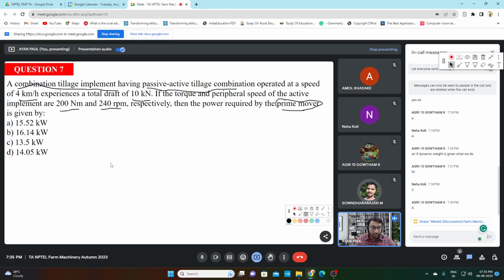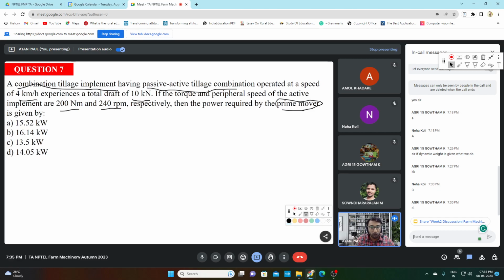Power equals to force into V, okay? But that is for linear motion. But when we have active tillage implement, it is also rotating. So for that active tillage implement, it is torque into angular speed, okay? So total power will be force into velocity plus torque into angular speed. So that is the total power, okay?